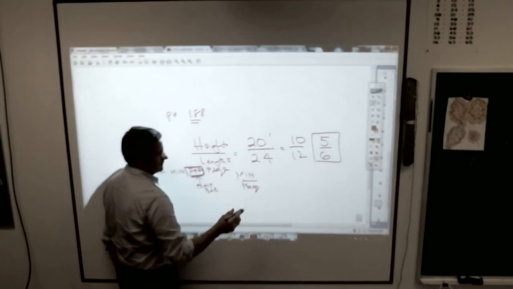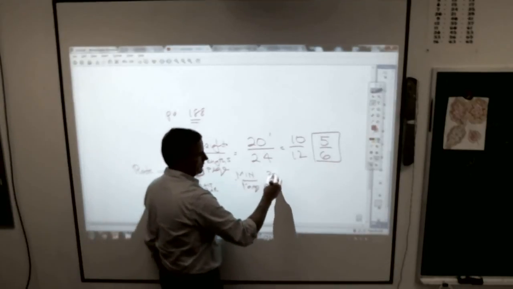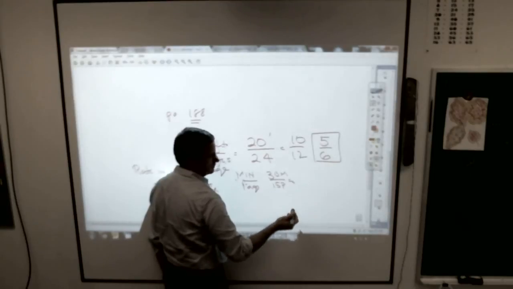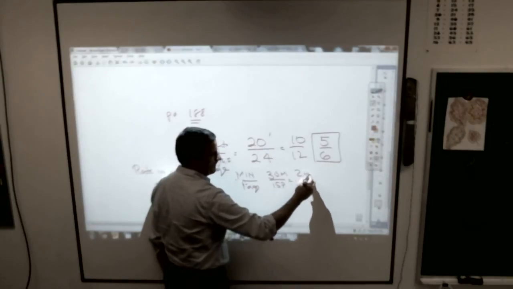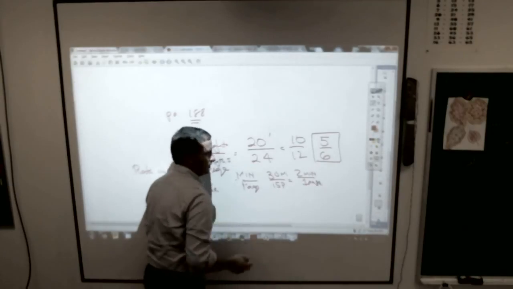You just have to take the information they give you from the table up top. They said approximate. If you look at Monday, it was 30 minutes for 15 pages, which you reduce to 2 minutes per page. You have to take a look at the other ones.